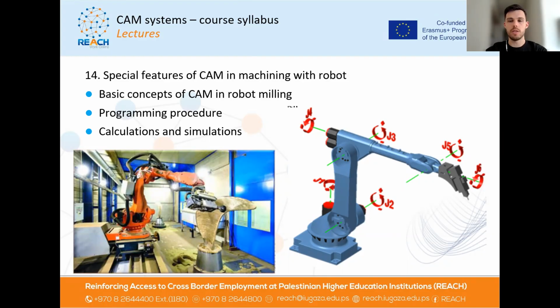They will learn that with robots you have 6 axes compared to 5-axis machines, that every axis can be moved independently, and how to synchronize all these axes in order to get the CAM for the robot. They will learn different program types and so on.